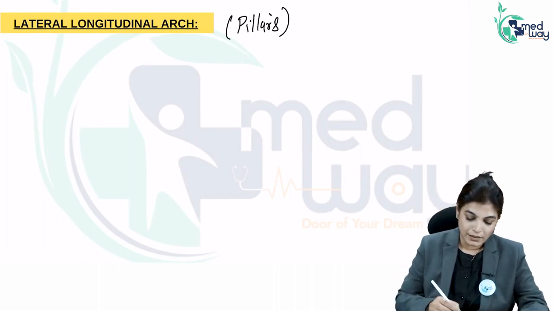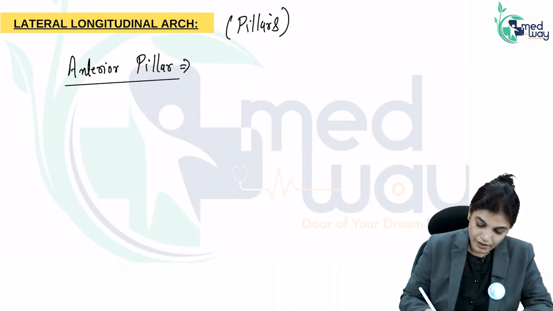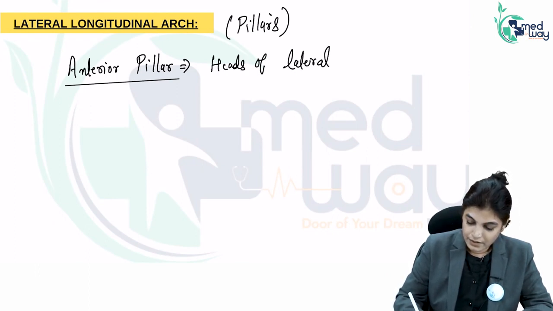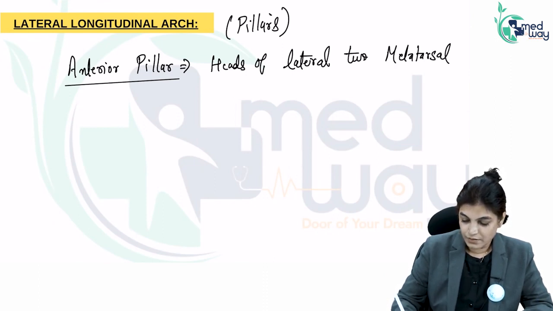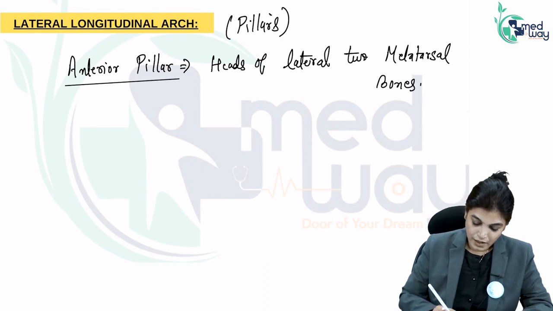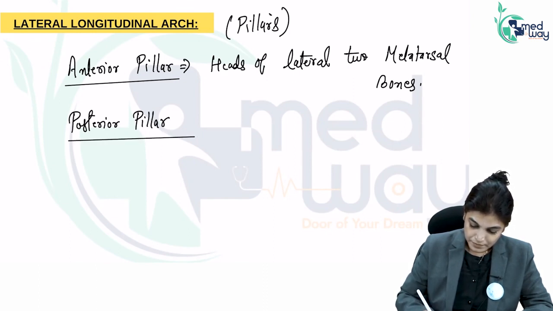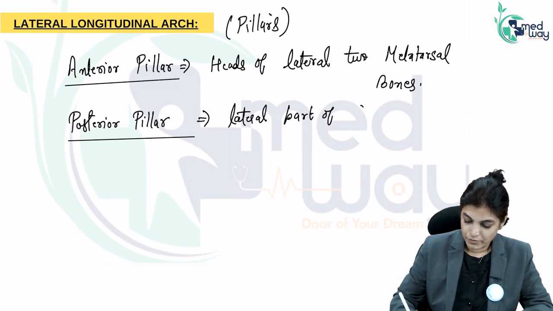Talking about the pillars, the anterior pillar is formed by the heads of the lateral two metatarsal bones, and the posterior pillar is formed by the lateral part of the calcaneum bone.